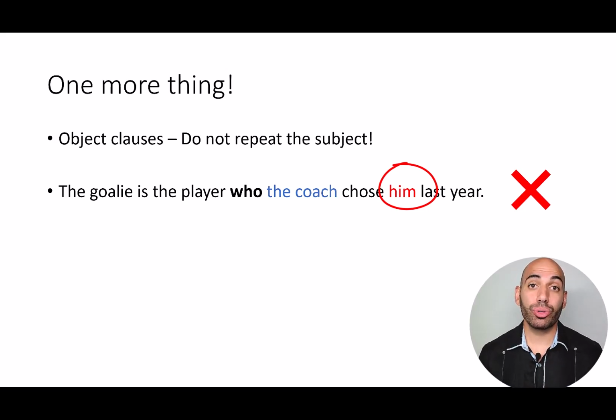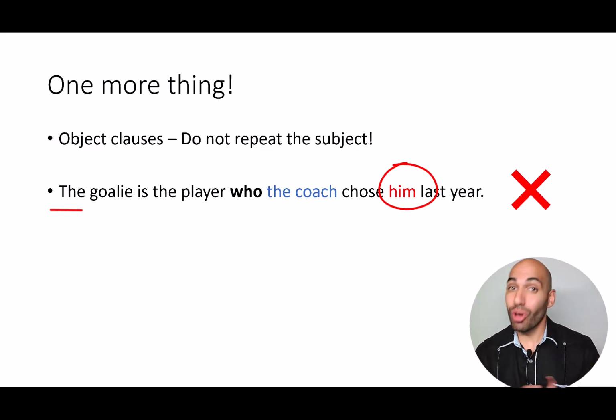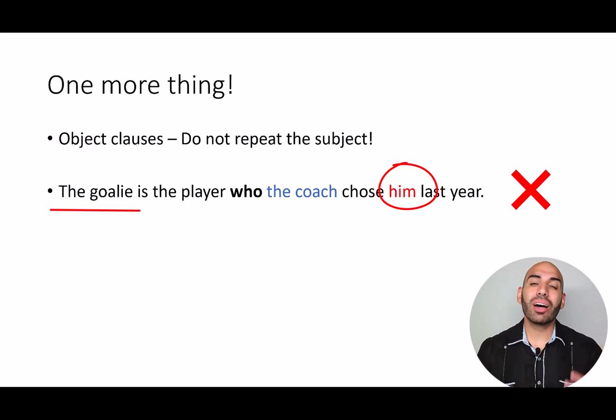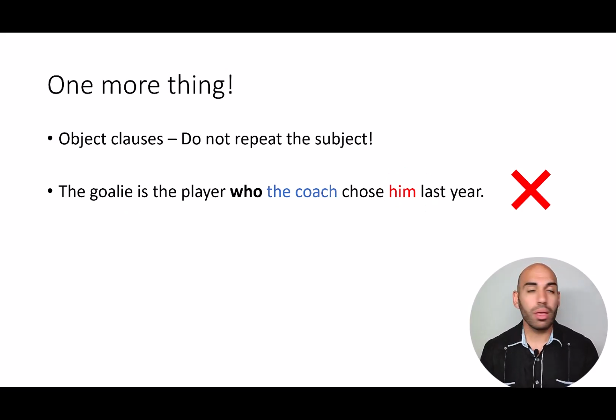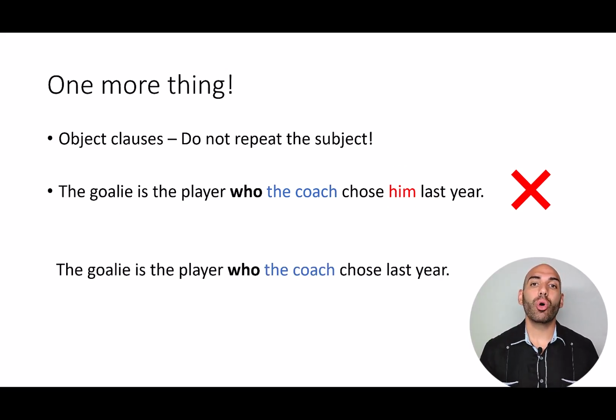I cannot do this in English. Him at the end of the sentence is the goalie. And because I have an adjective clause here, I cannot repeat the goalie again. Goalie him, I cannot do this. The good sentence is the goalie is the player who the coach chose last year.